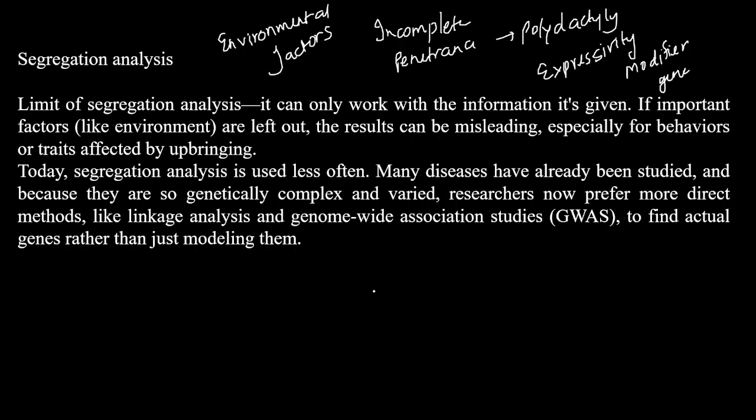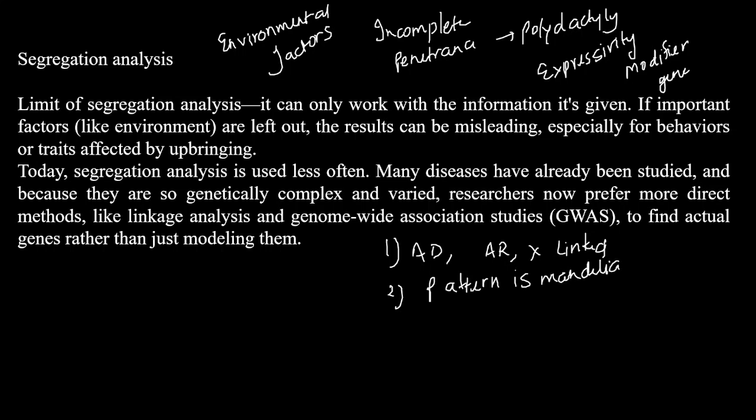So whenever you are writing about the segregation analysis, you have to write it out. First of all, we will identify whether it is autosomal dominant, autosomal recessive, or X-linked. Then we will find out whether the pattern is Mendelian or not. If it is Mendelian, then it is a simple disease.